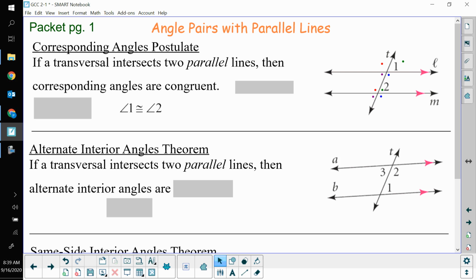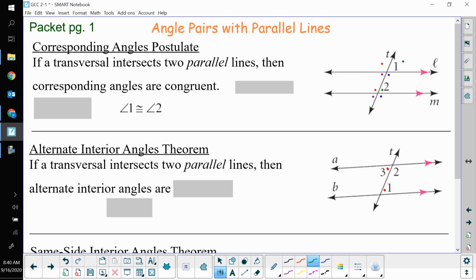The next type is alternate interior angles. If a transversal cuts 2 parallel lines, then we have alternate interior angles that are formed. First off, this red angle and this red angle would be considered alternate interior. Alternate because they're on opposite sides of the transversal, and interior because they are inside the parallel lines.